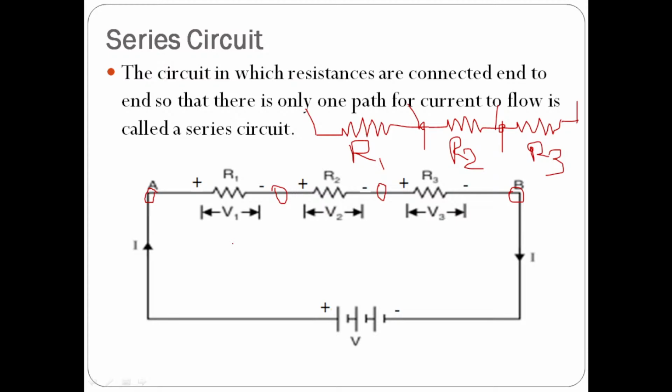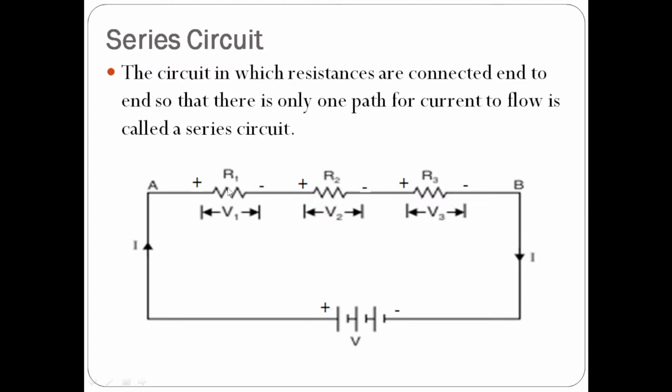In general, not to speak technically, if elements are connected end to end, then they are said to be in series. So R1, R2, R3 are connected in series.